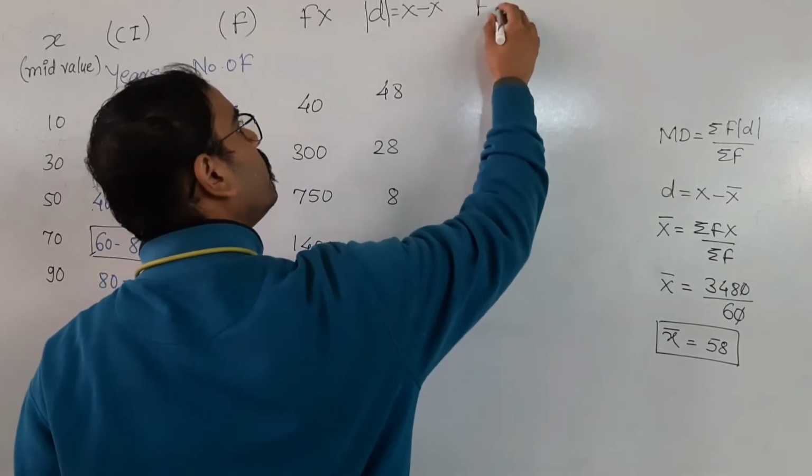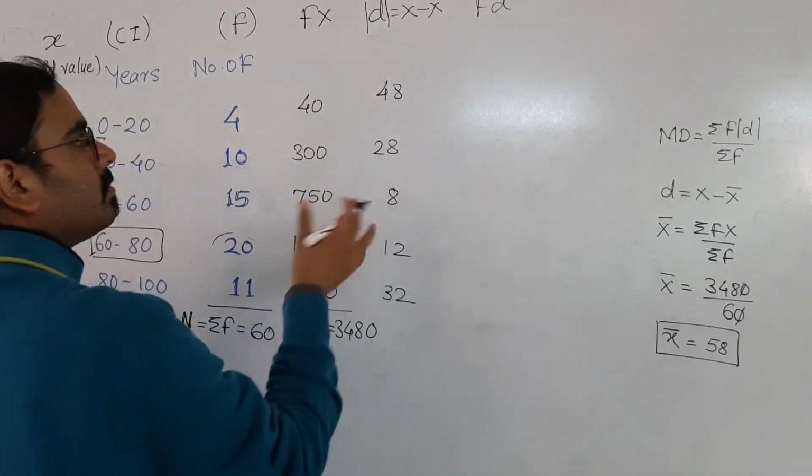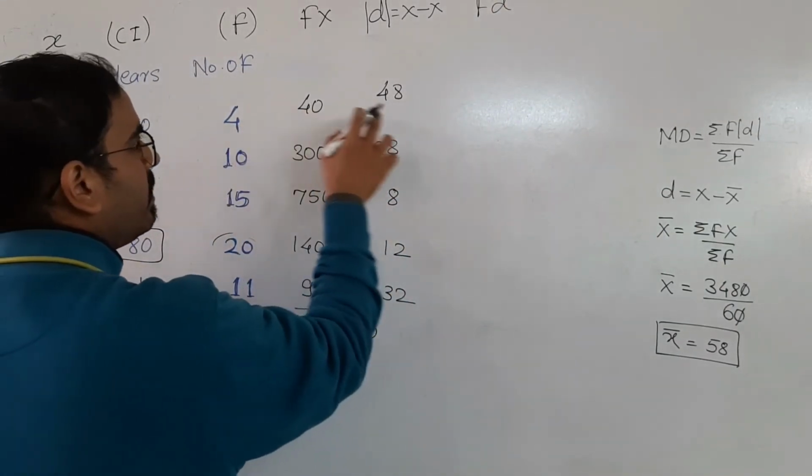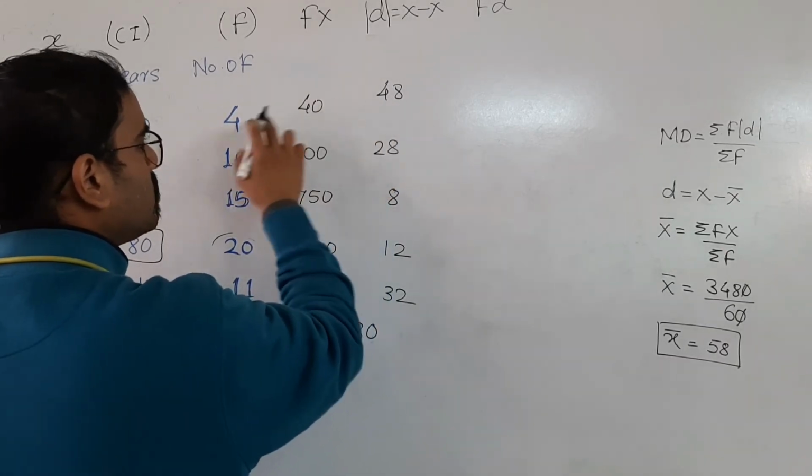So we'll write F and D. So just multiply F and D columns. So multiply those terms.